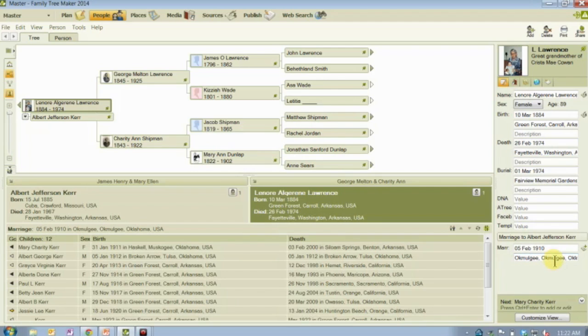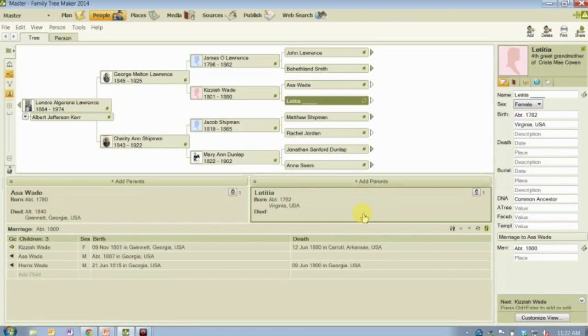Now, there are some people for whom I have not yet done enough research. I don't yet have a conclusion. So, for example, if we look here at her great-grandmother, I only have an approximate birth year and only a given name. I have a suspicion about her maiden name, and it's written in my notes, but I haven't entered that yet because I haven't proven that to my satisfaction.